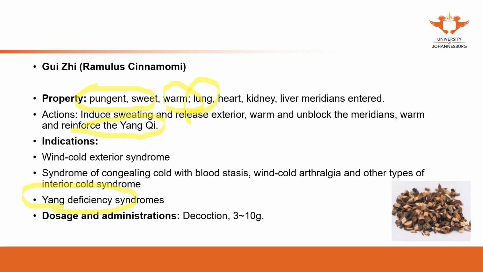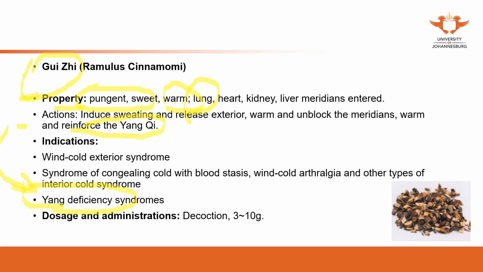As you can see here, the ingredients, the herbs, the property, the action, and indications, they connect one by one. If you memorize the properties of 桂枝, pungent and sweet and warm, you can actually analyze the indications of 桂枝. Because it is pungent and sweet, it can be used to generate yang qi, for yang deficiency.